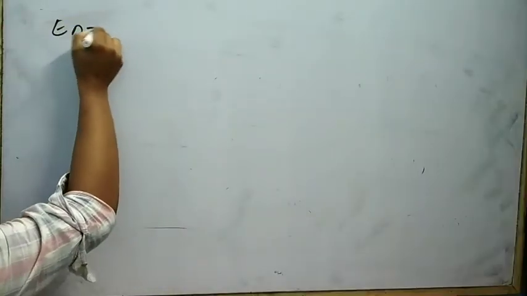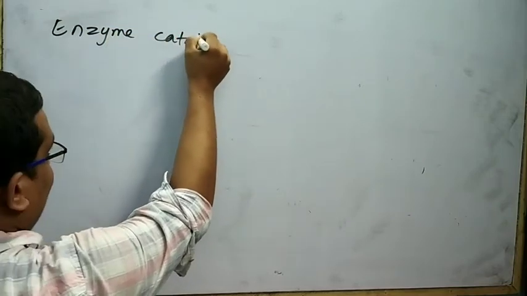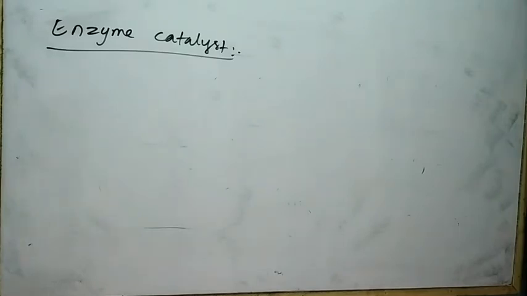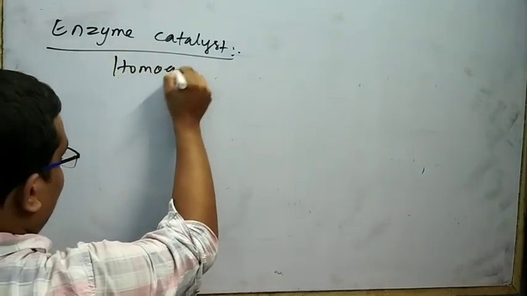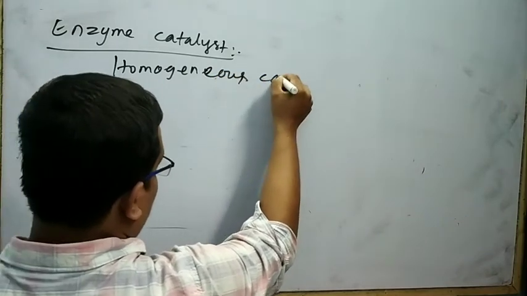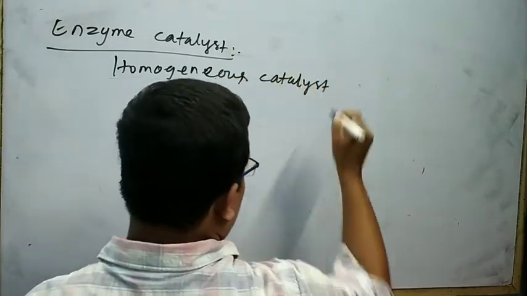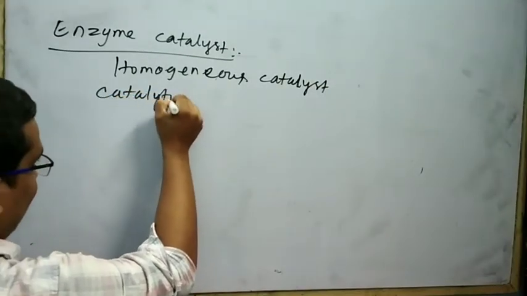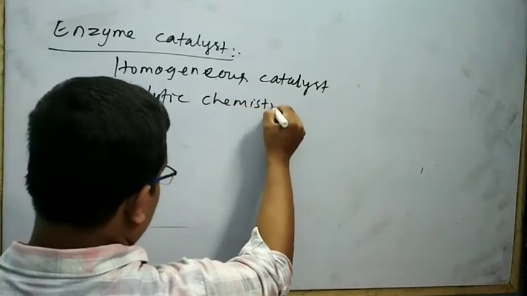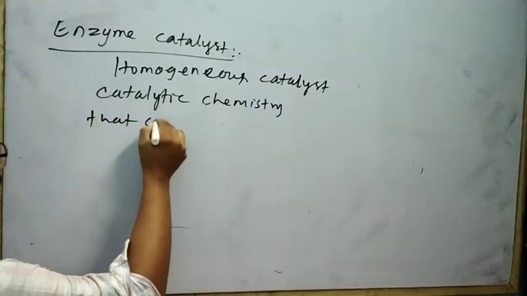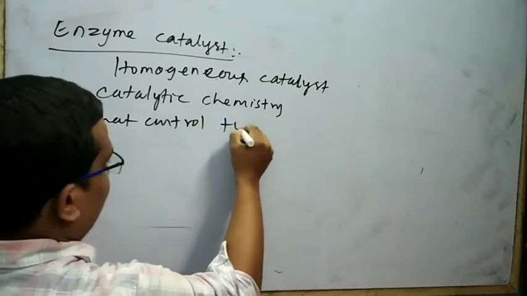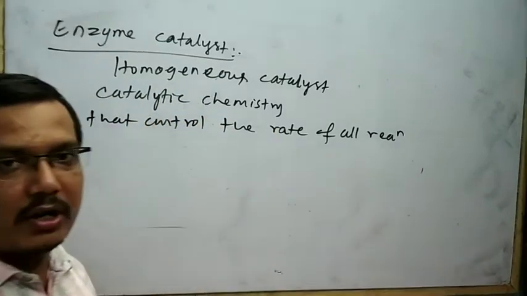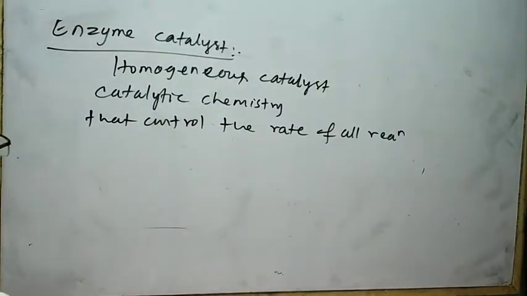Next I will explain about the enzyme catalyst. Enzyme catalysts are generally found in the form of homogeneous catalyst, which generally refers to the catalytic chemicals that control the rate of all reactions occurring in the living system.